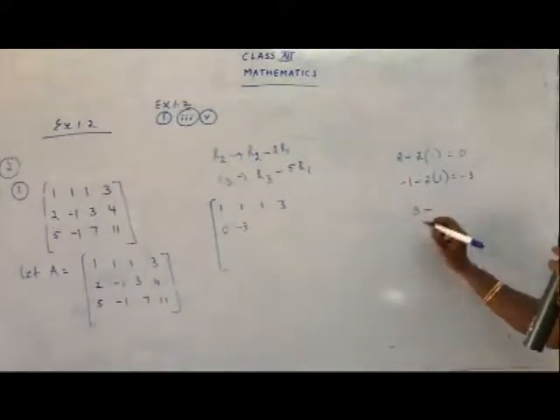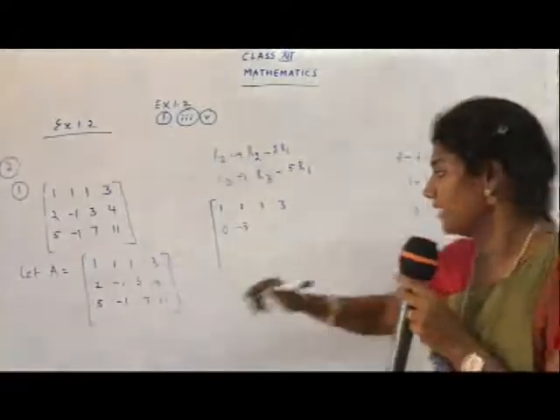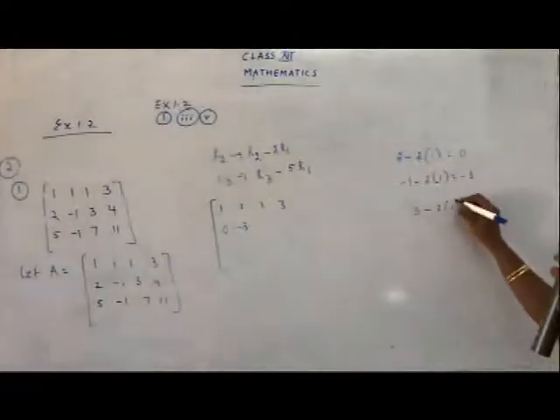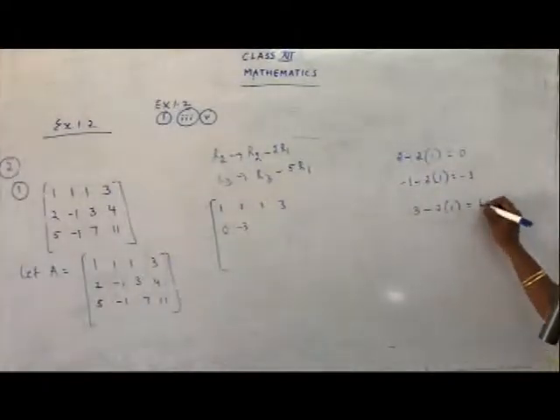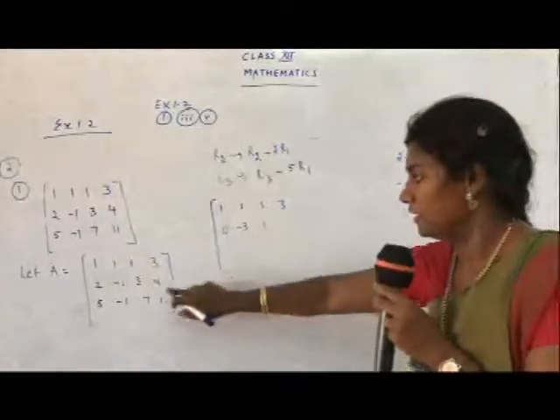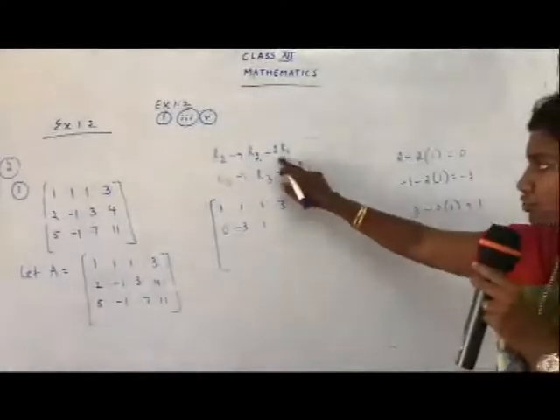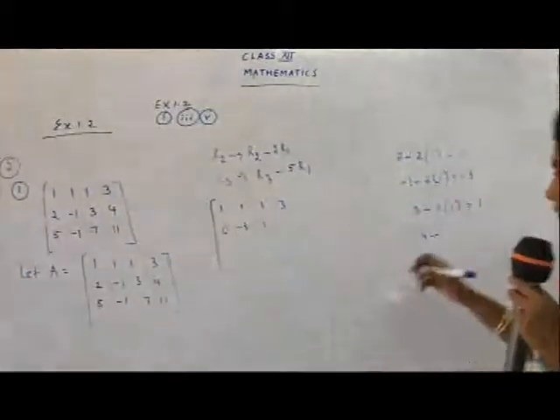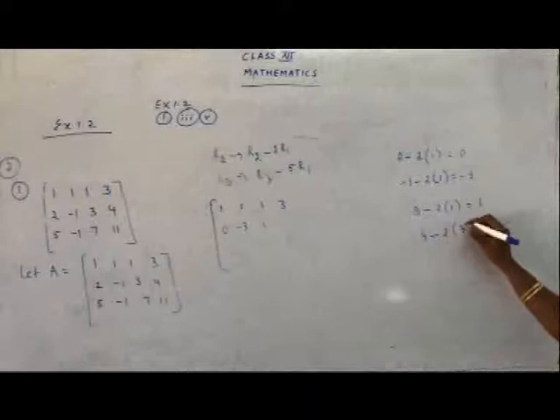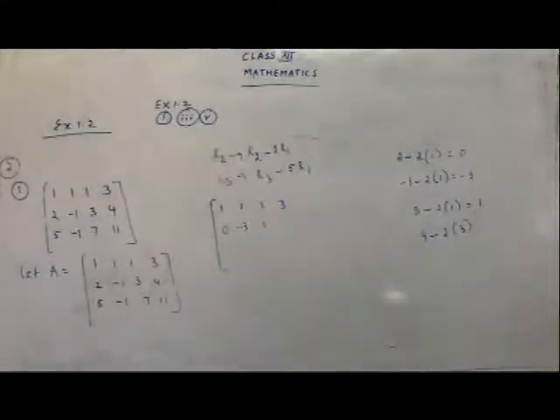3 minus 2 times the corresponding R1 element 1. So 3 minus 2 is 1. Then 4 minus 2 times the corresponding R1 element 3. 2 threes are 6. What is 4 minus 6?